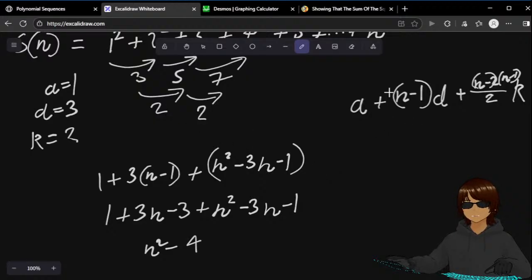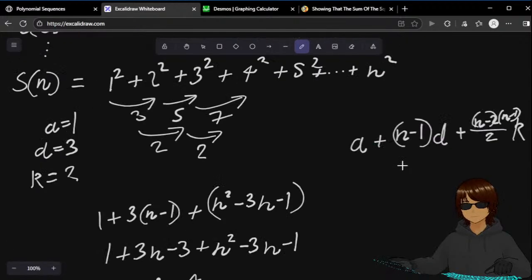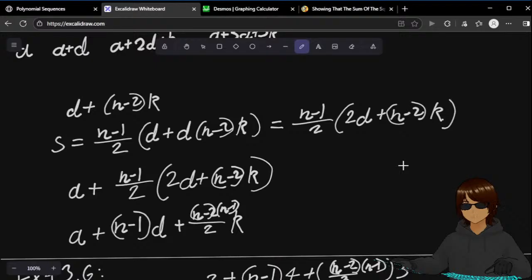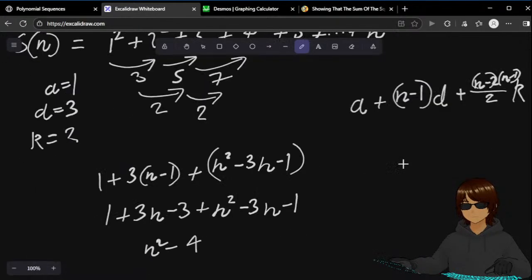So 1, 1 plus 3n minus 1 plus n minus 2n minus 1. Okay. n squared minus 3n.